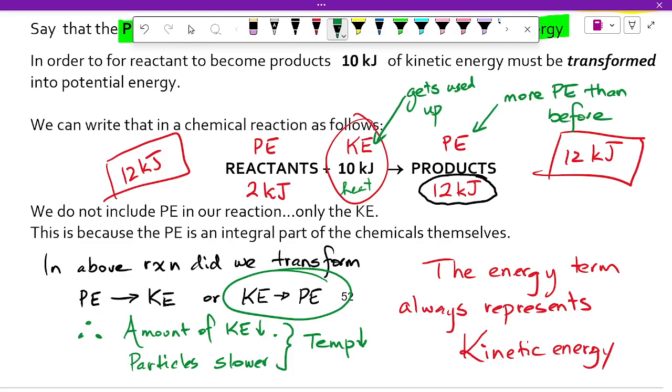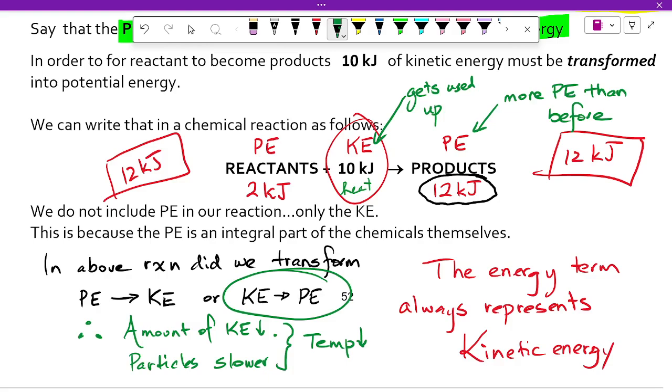So now we actually have less heat than before. So it actually gets cooler. So when you see plus 10 kilojoules of heat, don't think I'm adding in 10 kilojoules. Think I'm taking 10 kilojoules of heat and I'm using it up. So everything's going to be cooler than it was before.